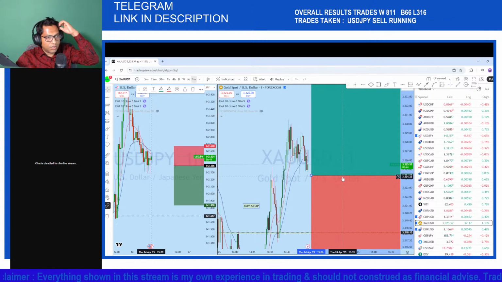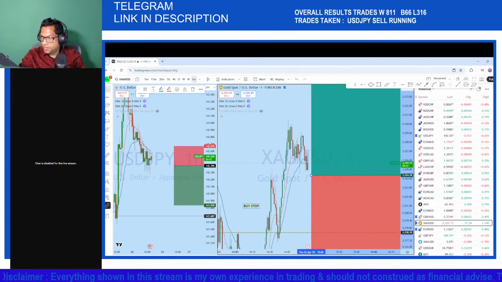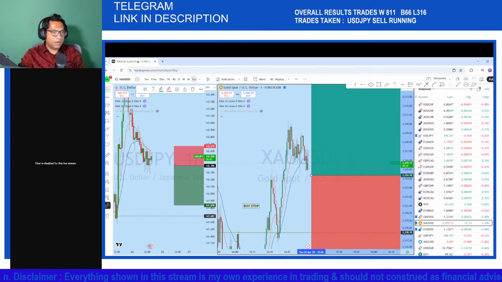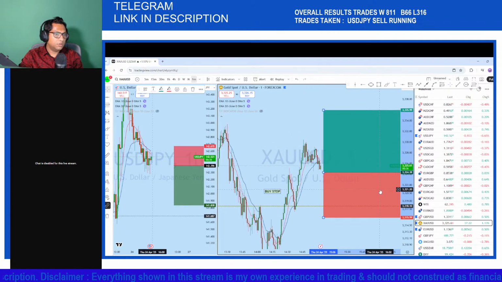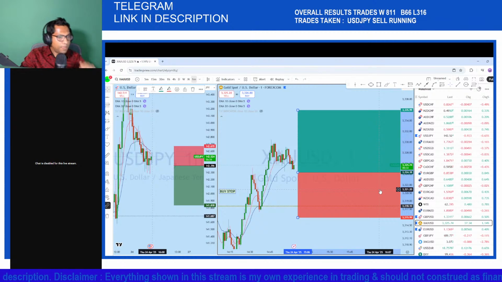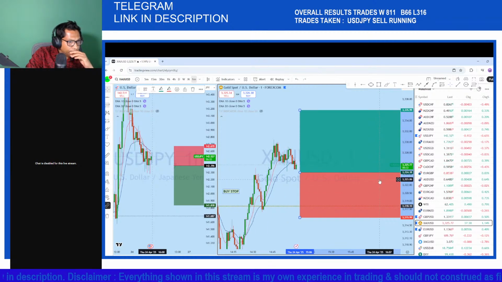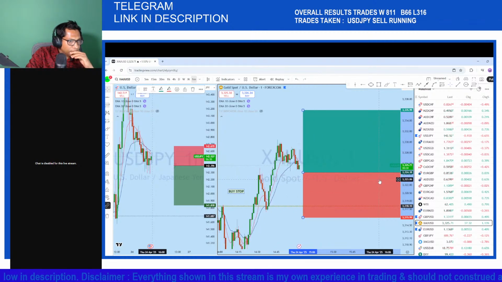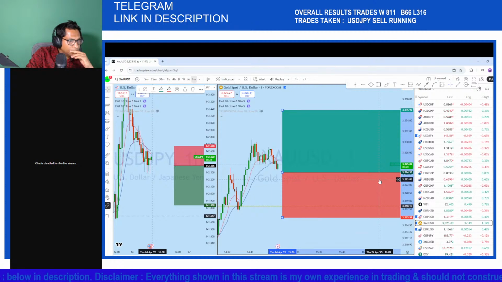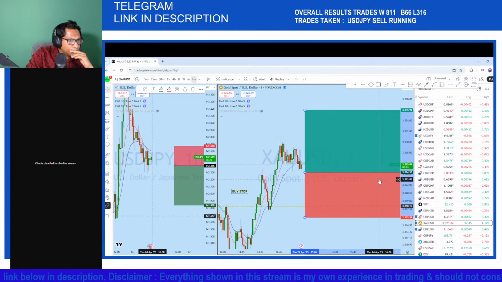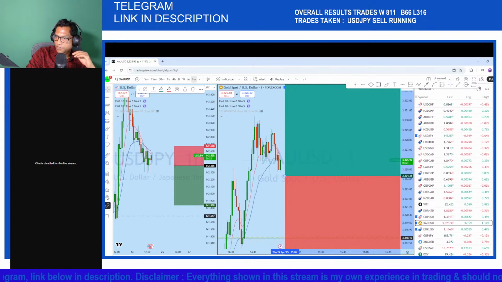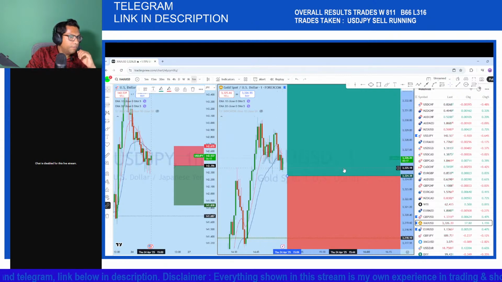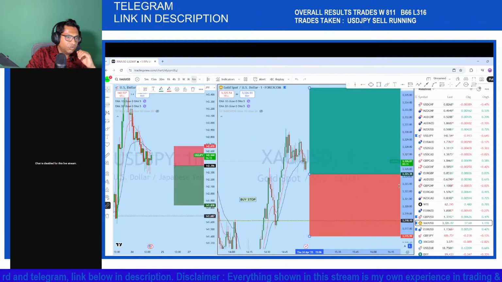We are almost at entry, and now for this market, if it is not very strongly bullish, we may be looking to see how we can manage the trade.